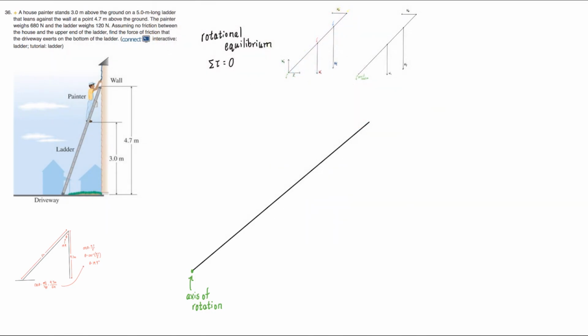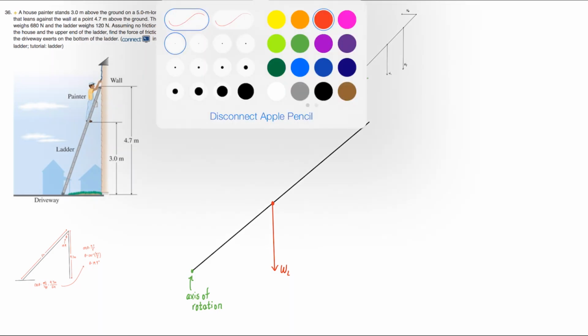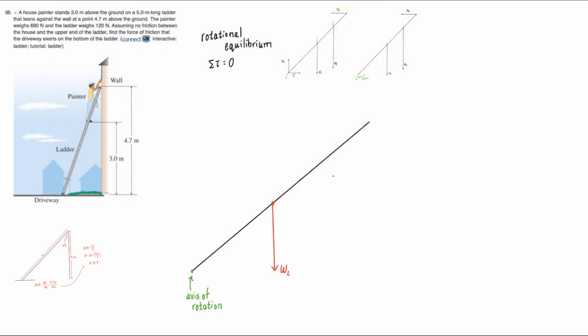So we're going to look at the torque that's caused by this force vector right here. It's the gravitational force acting on the ladder. Okay, so now recall that the formula for torque is equal to radius times force times sine theta.